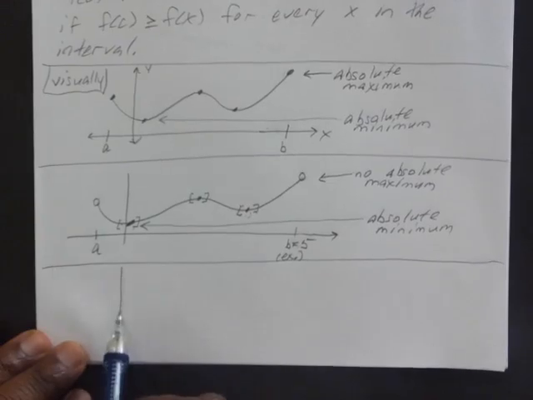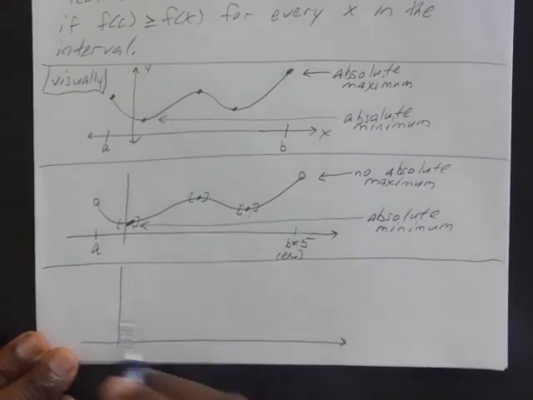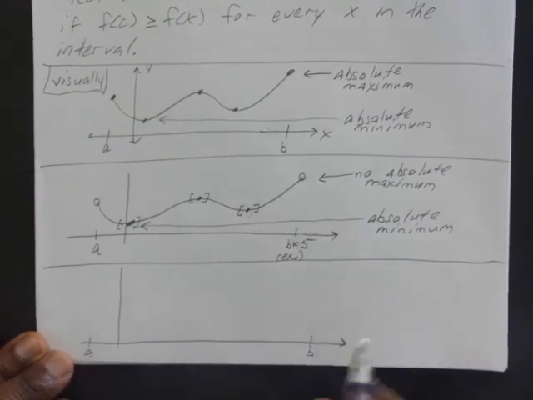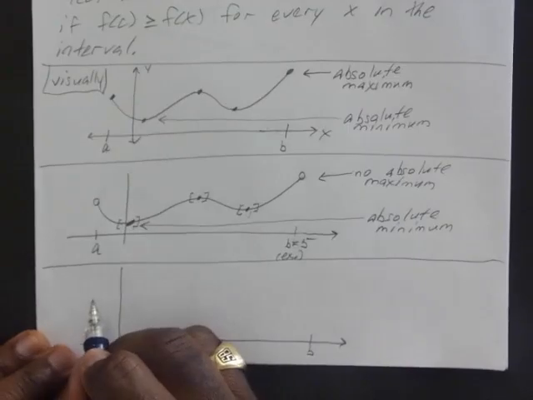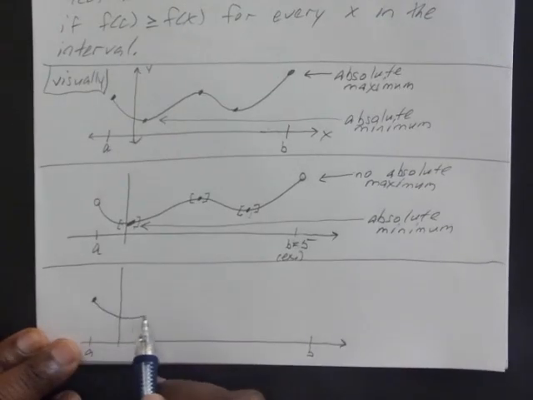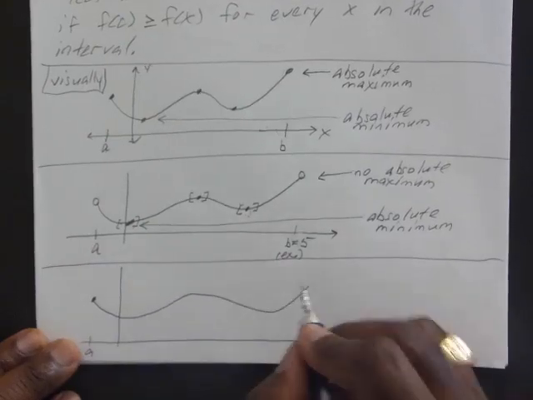Okay, so if we draw a similar graph one more time, again from A to B, with closed circles, we'll draw this one as similar as we can to that one.